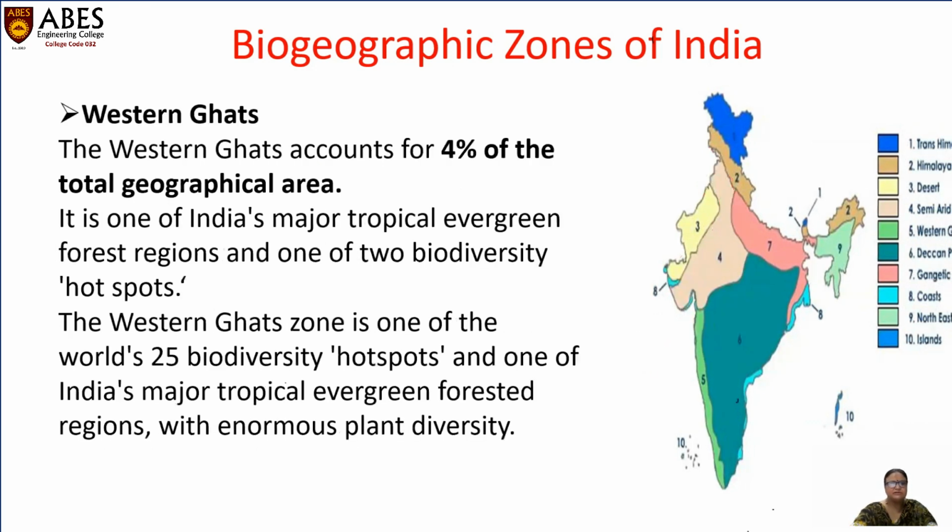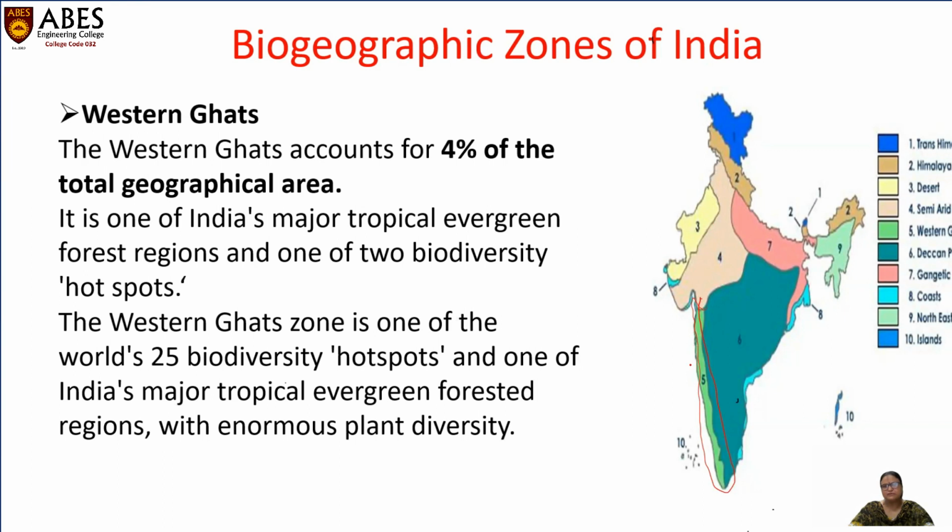Now coming to the next one, that is Western Ghats. In this figure, you can see the location of the Western Ghats, and it accounts for 4% of the total geographical area. This Western Ghats is mainly a biodiversity hotspot.